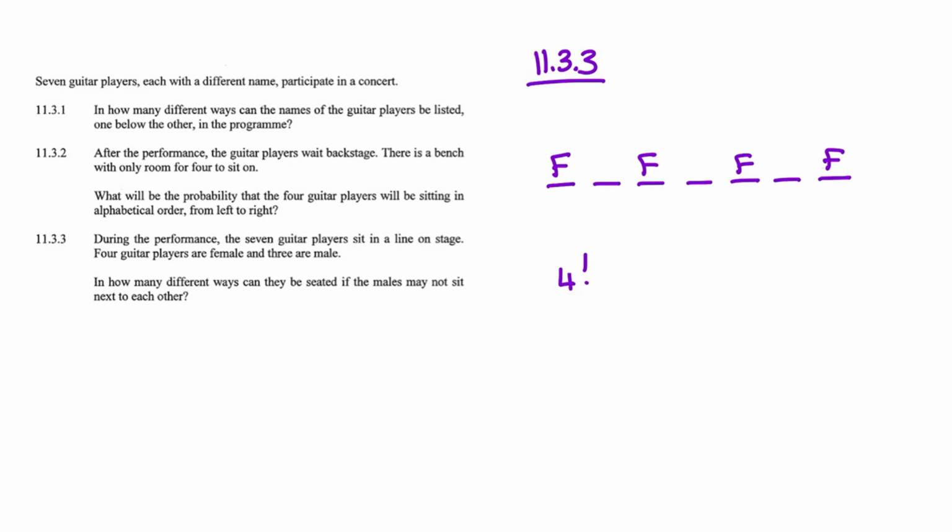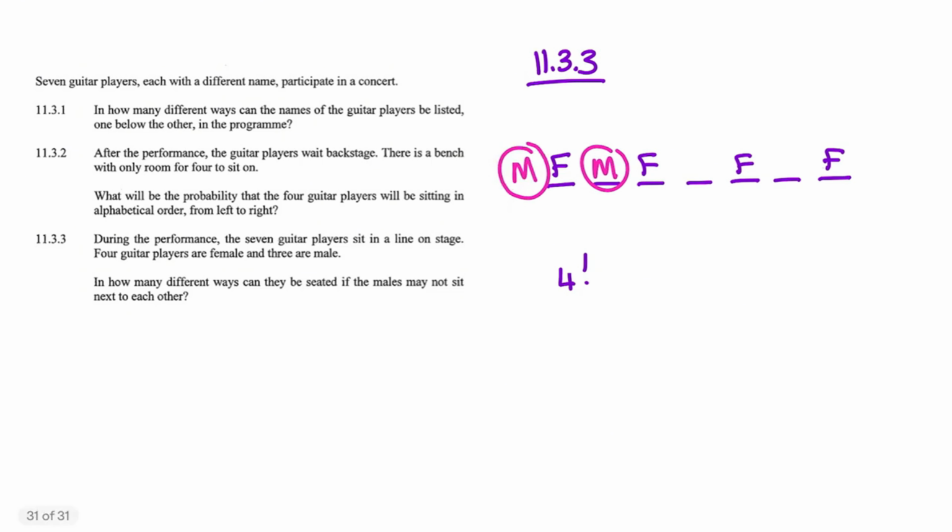Now think of males. We can start the line with males. Then we'll have male, female, male, female, male, and then the last seat would be female. So we can start with male, or we could have males in the second seat and not start with male.